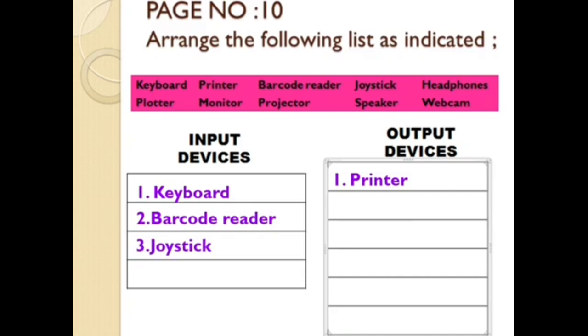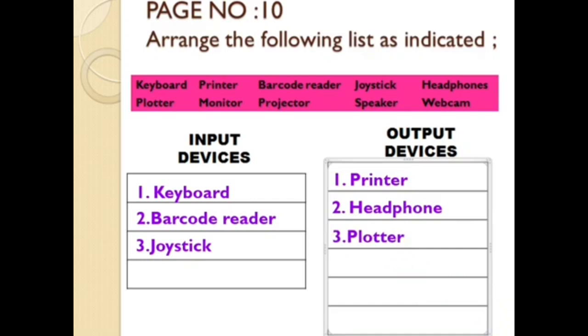Headphone. When you keep your headphone in your ear, you can listen to the sound. So it is an output device. Plotter. Plotter means it will give a large printout like maps and banners. So it is also like a printer. So it is also an output device.